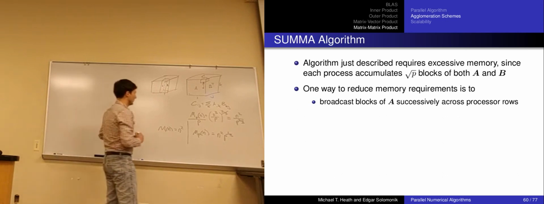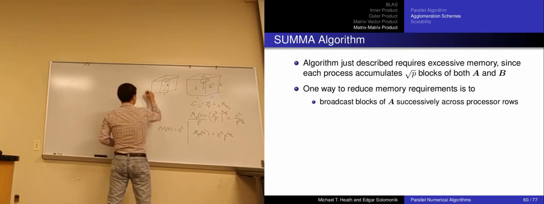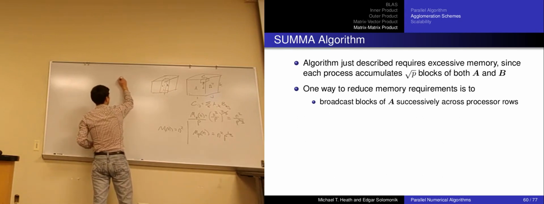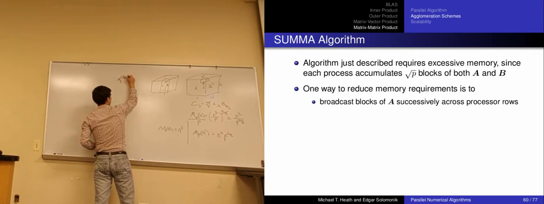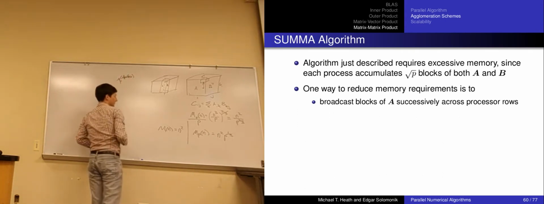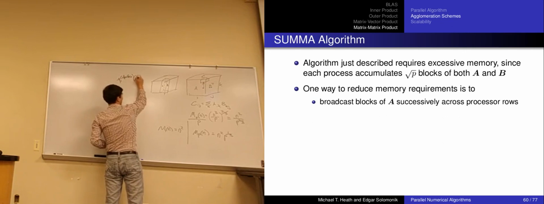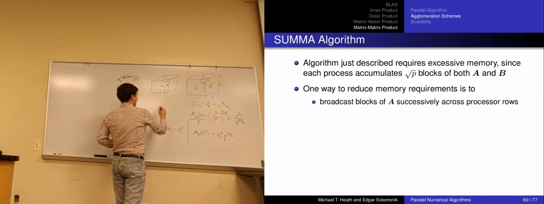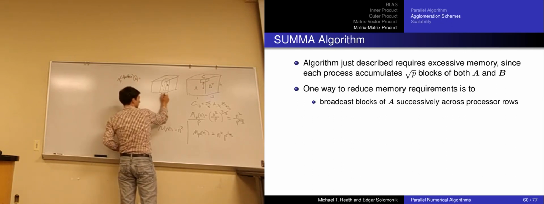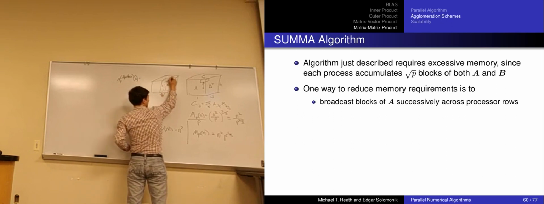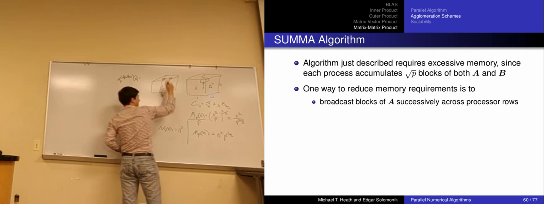But if we are to do so, we can ask what the memory usage is, in this case of the, we'll call it the all-gather algorithm. The memory usage should be proportional to this dimension, which is n squared over square root p. So this is n squared over square root p, and this is n over square root p.